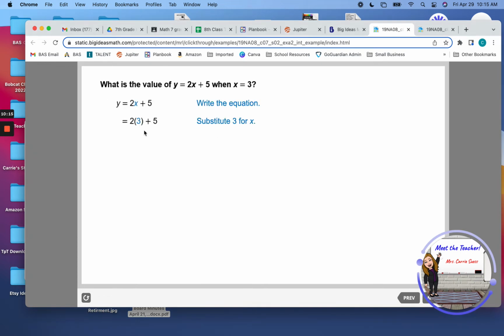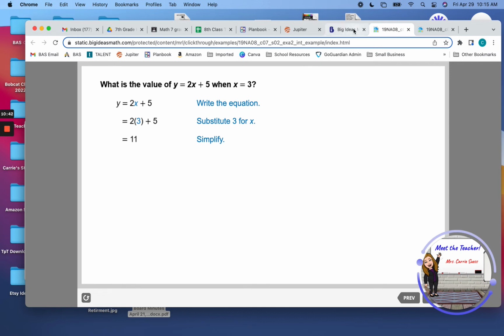So I just replace the x with the 3. You've done this 100 times already. So plug that in. What do I get? 2 times 3 is 6. Plus 5. 11. So what is my output? 11.